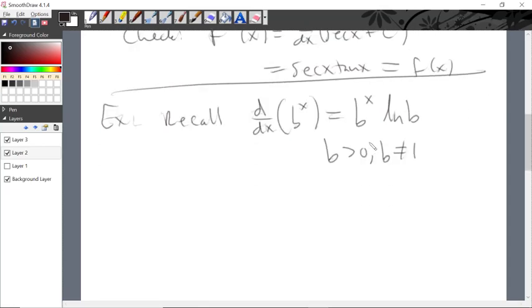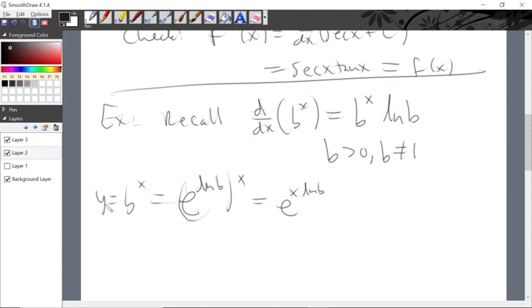This was a rule that we were able to establish by using, for instance, a change of base. We could change the base here from b into the base e, the natural constant e, through the use of the natural log, right? We were able to write b to the x as e to the natural log of b to the x, which is equal to e to the x ln b. And then we could take the derivative of this.